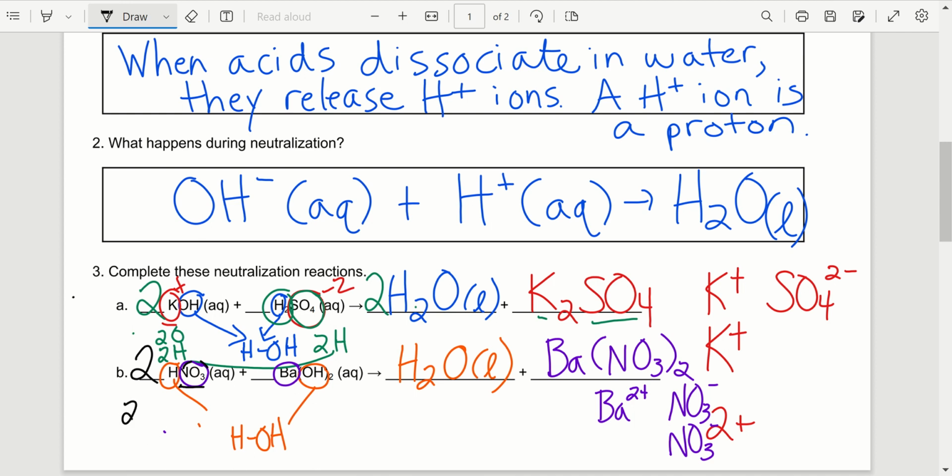So I have 2 H's over here. On this side, I have 2 O's and 2 H's. So that gives me 4 H's total and 2 O's. Can I make this be 4 H's and 2 O's? I sure can, like that. All right, so there is the neutralization.